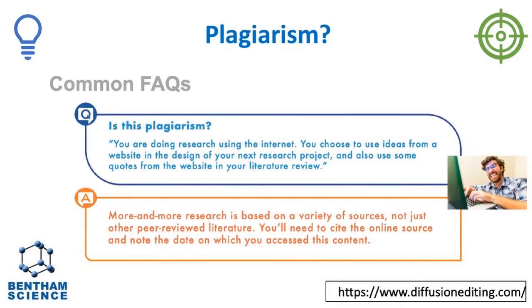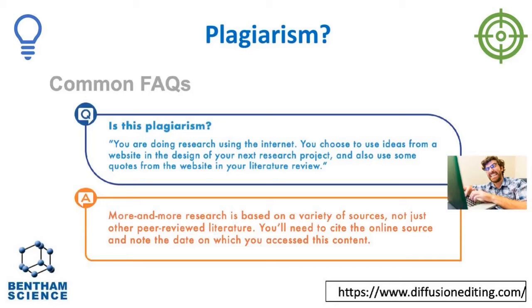Imagine, if you will, that you are doing research using the internet, online research. You choose to use ideas from a website in the design of your next research project, and you also use some quotes from that website in your literature review. Now, this is also important because, of course, more and more research is based on a variety of sources, not just other peer-reviewed literature.